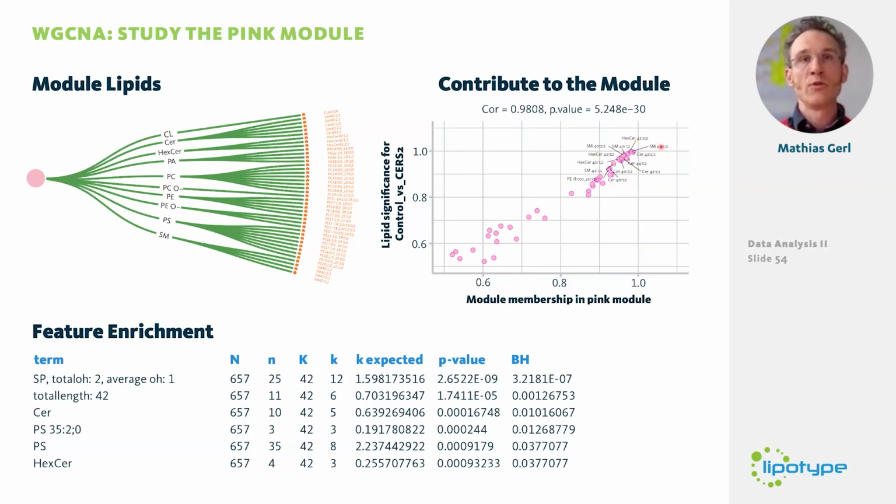You could simply take all these lipids and do a ranked or a normal enrichment analysis, and you would find that you're finding sphingolipids, you find the total length enriched, you find ceramides, phosphatidylserines, and hexosylceramides enriched.